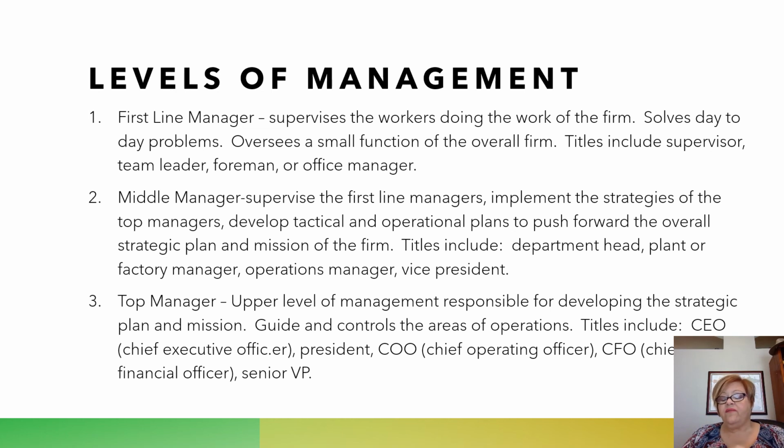And if you think about a factory setup or a plant setup, you've got the overall manager, and then you're going to have lots of those first line managers who are watching the workers do the work. So it's definitely a middle management kind of position. So plant or factory manager, operations manager, or perhaps vice president. Those are typical titles for middle managers.